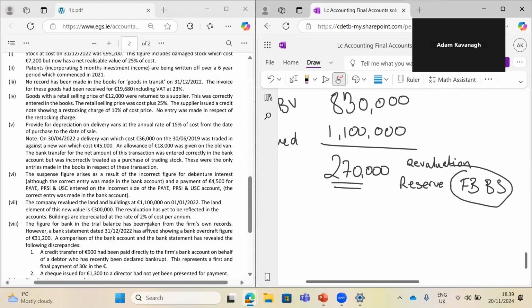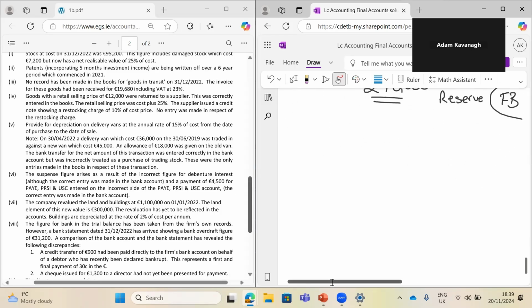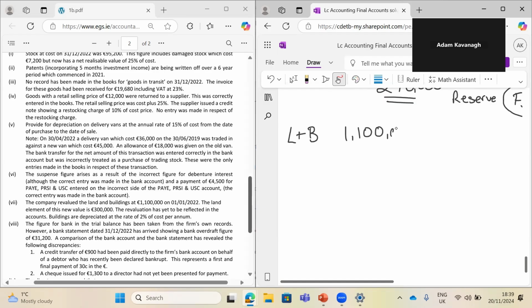Okay, the next step now, we need to depreciate buildings at a rate of 2% of cost per annum. The reason why it says buildings and not land and buildings is because land does not go down in value. So we know land and buildings is worth 1.1 million. Land is worth, it tells us in the question, 300,000, which means buildings is worth 800,000.